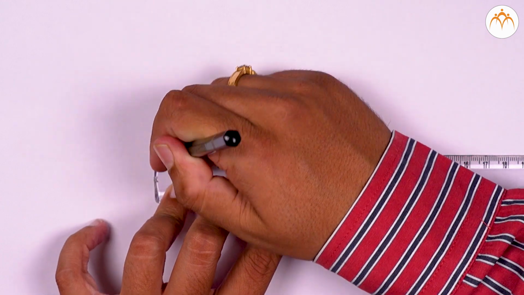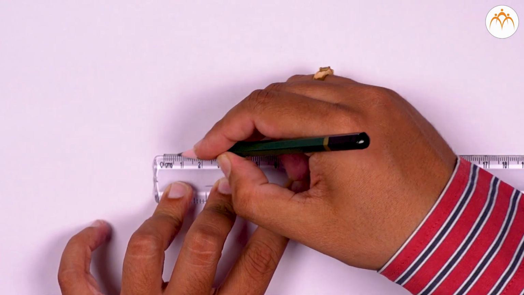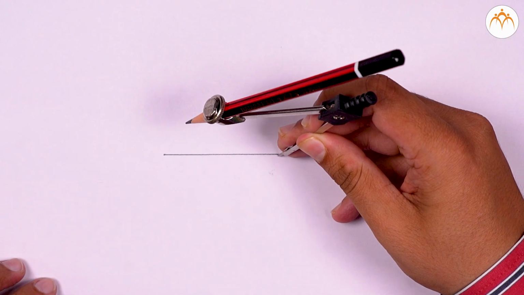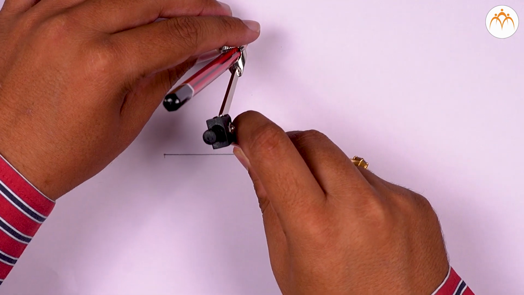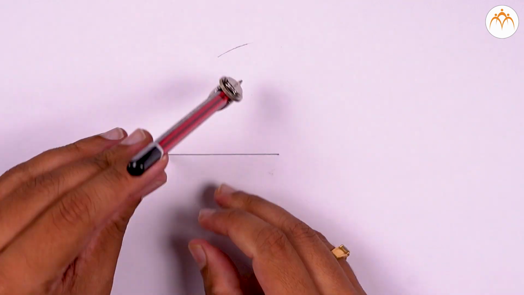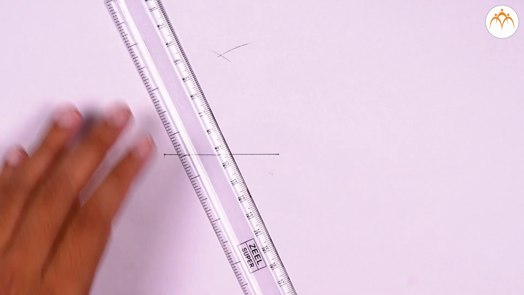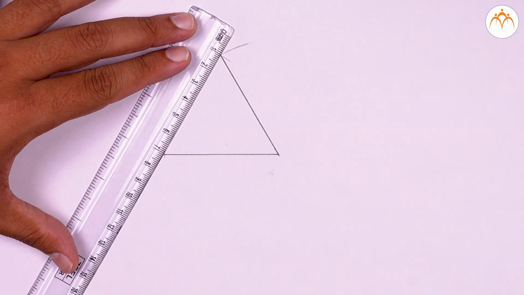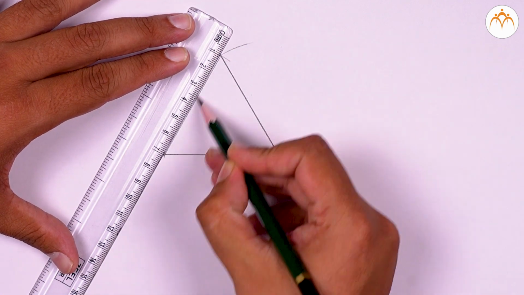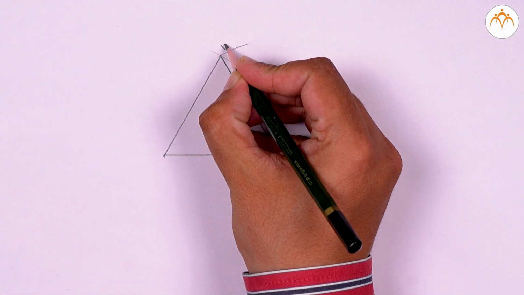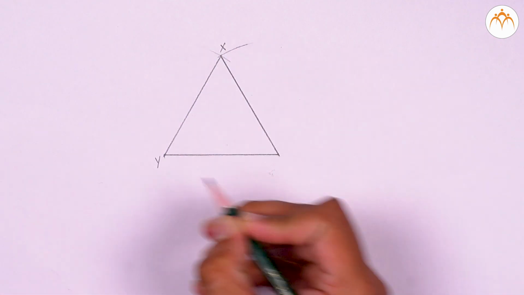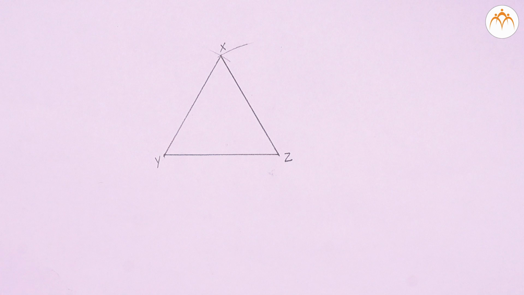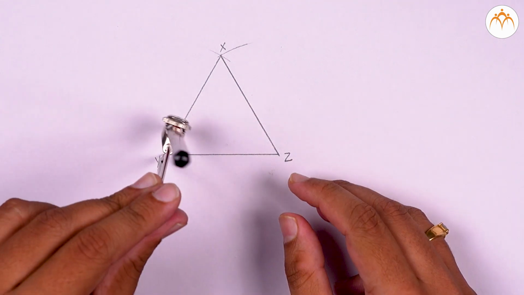Now, draw an equilateral triangle with each side of length 6 cm. Let's name this triangle as triangle XYZ. Let's first construct the angle bisectors of two angles.